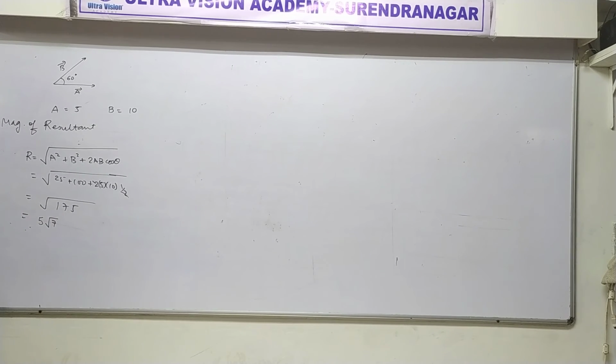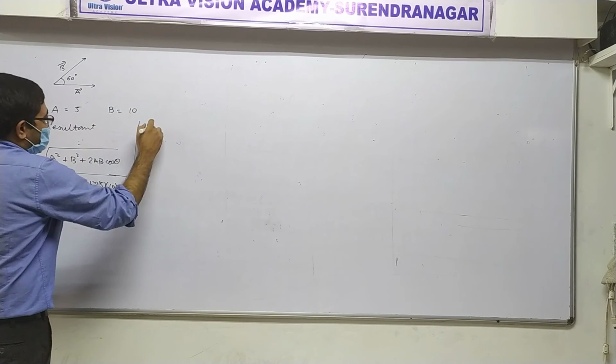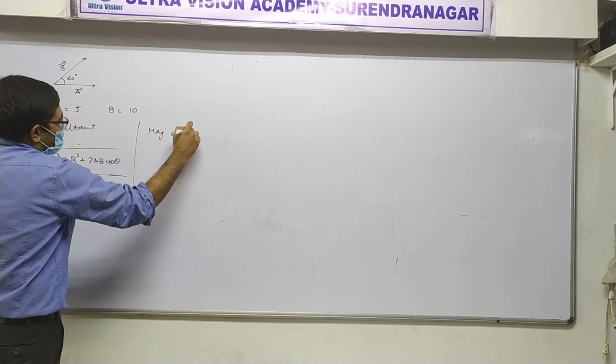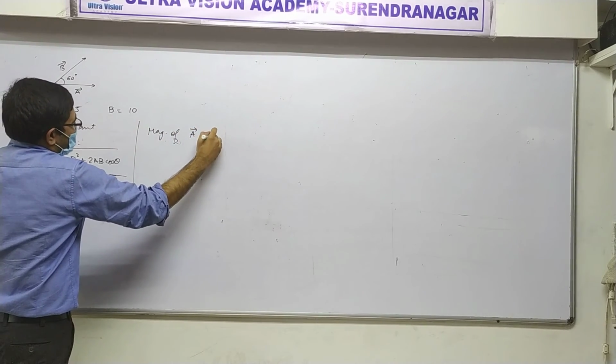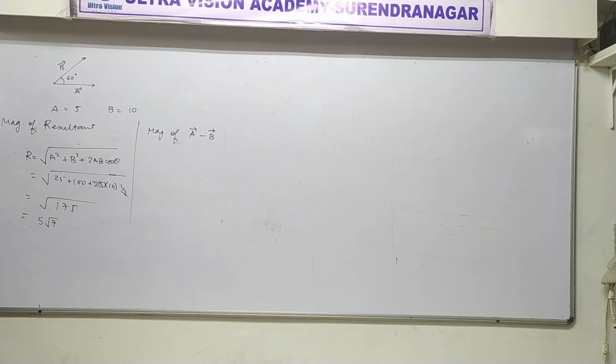Clear? Yes. In the same example, can you find the magnitude of the difference? That is A vector minus B vector. Can you find the magnitude of A vector minus B vector? Do it, come on.